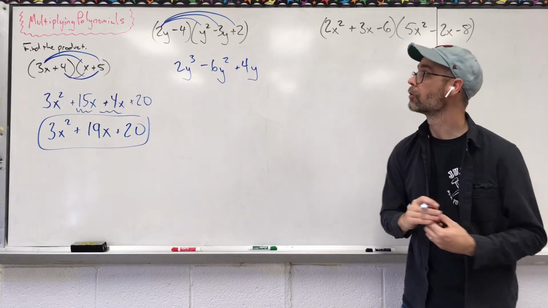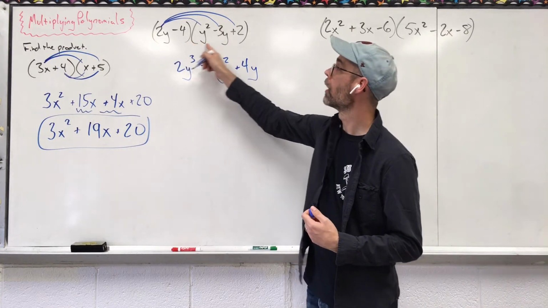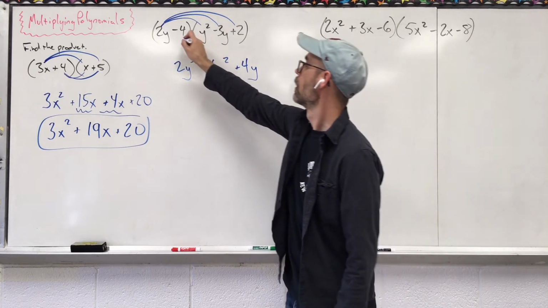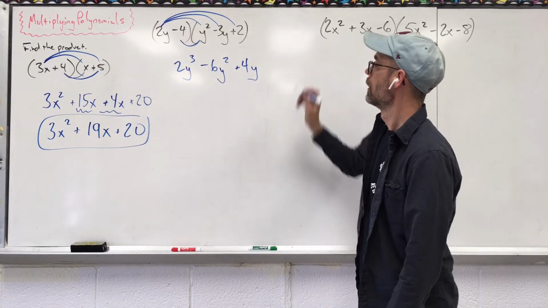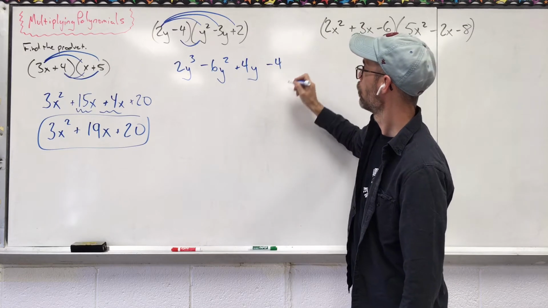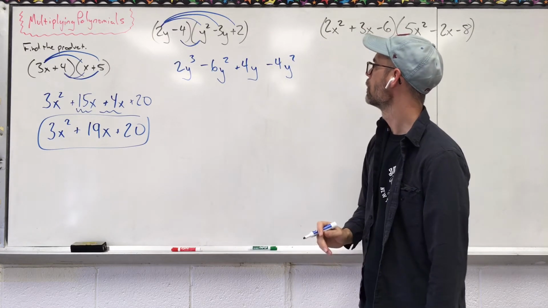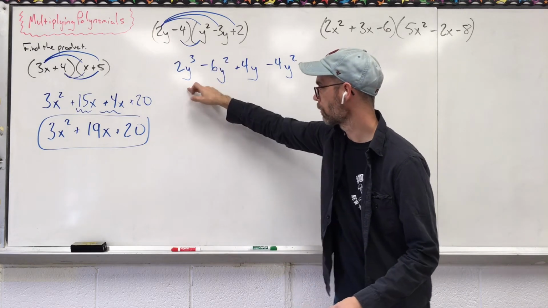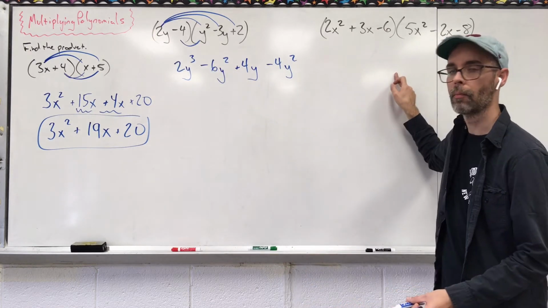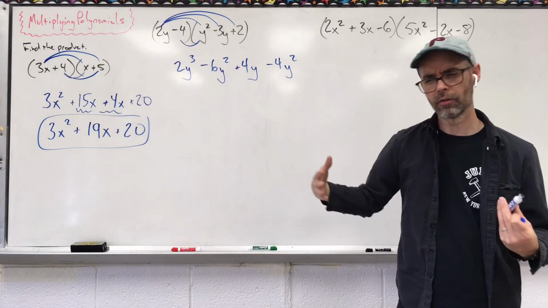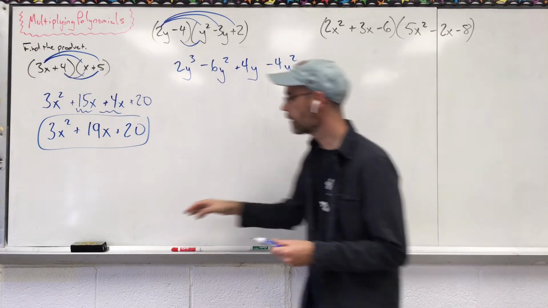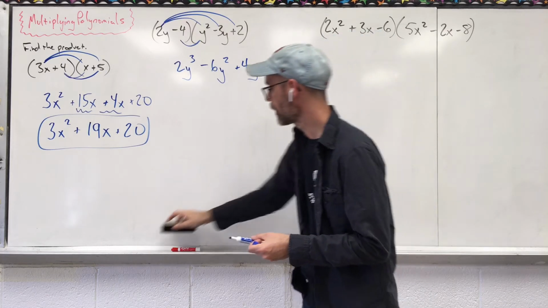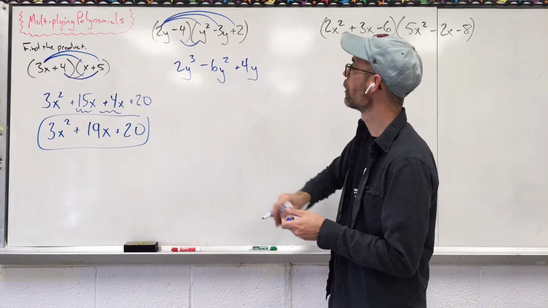Now we have to worry about distributing this negative 4. I'm going to go on the bottom. Negative 4y squared. Now, hold on for a second. I could distribute this, but I'm going to get this big, long problem, and it's going to kind of run off my paper. So what I like to do with these, instead of writing it all next to each other, is put them up and down, right under like terms.